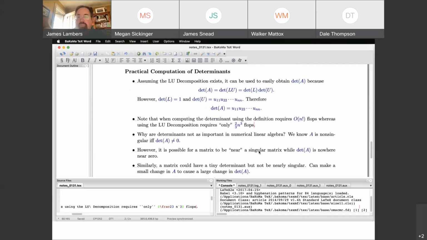But then you can take its determinant and find the determinant is nowhere near zero. Or you could have the flip side, a matrix whose determinant is very small. So you might think, oh, this matrix is nearly singular, but it turns out it's not. In other words, a small change to A's entries would not cause it to be a singular matrix.